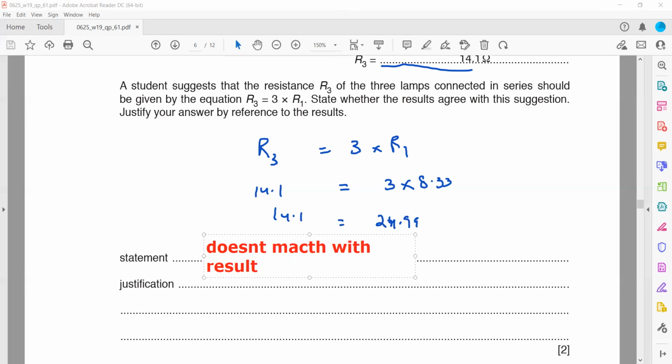As it does not match, for the justification you will mention this calculation, that 3 times R1 is not the same as the value of R3.